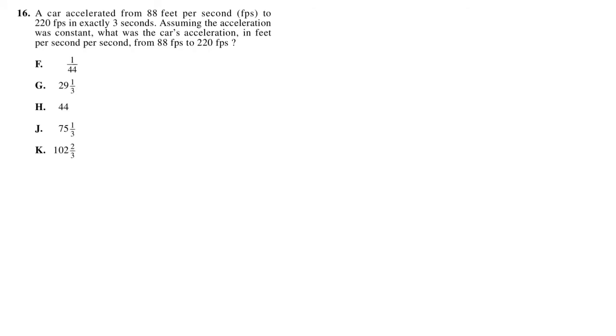So this gets a little bit into physics, but again, the best strategy is to draw a little picture. So little car, wheels, moving forward. And we're going to write that the initial speed, or the initial velocity, VI, equals 88 feet per second.